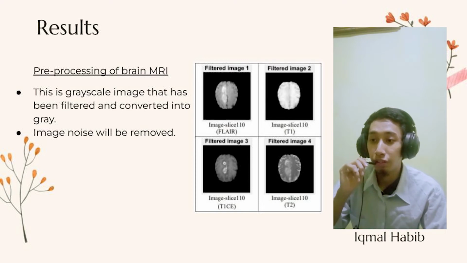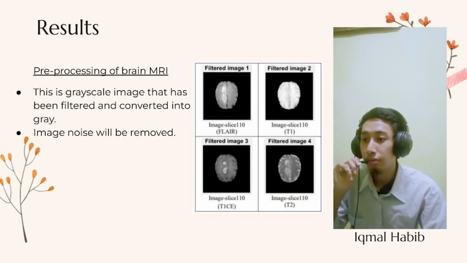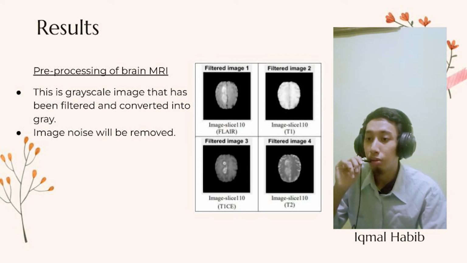And we have 4 images. We name them image 1 FLAIR, filter image 2 T1, filter image 3 T1CE, and filter image 4 T2.